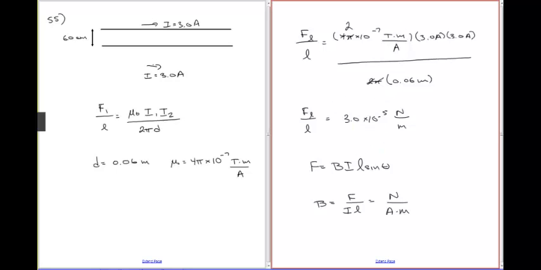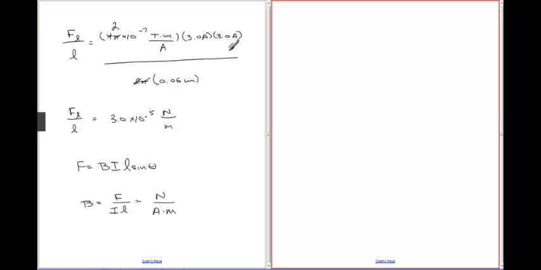So if we plug that in, let's go ahead and add another page and do all the units. For Tesla, we put in newton per amp meter. And we multiply by meter per amp. Is that right? Yes, okay. So that's Tesla. This is the meters per amp part.